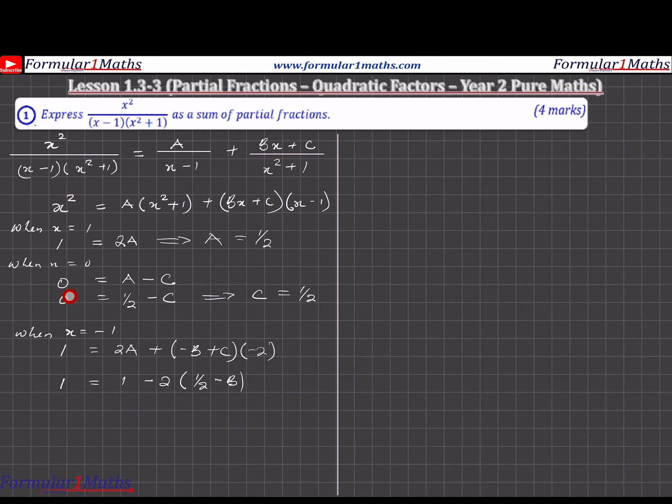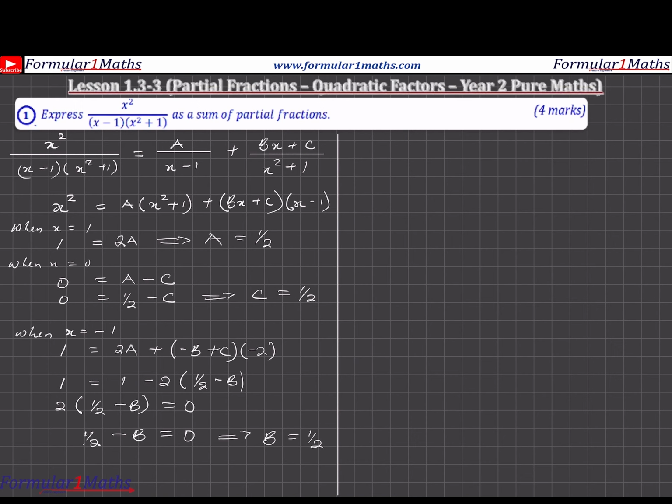So I'll have 2 brackets half minus b equals 0, which means that half minus b equals 0, which implies that b is equal to half. So now I've got the values of a, b, and c.